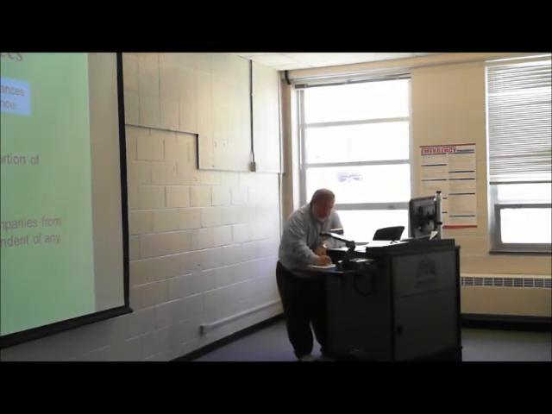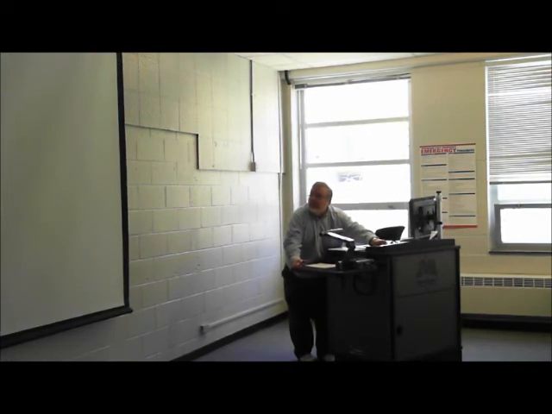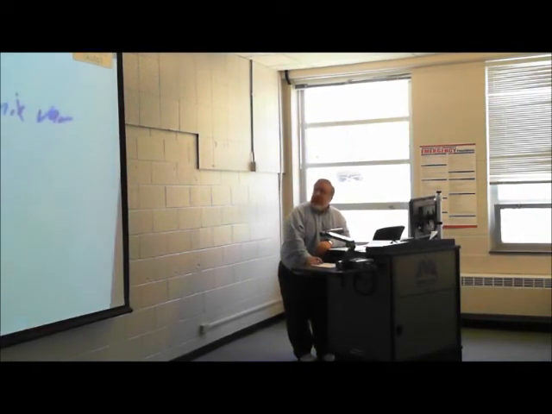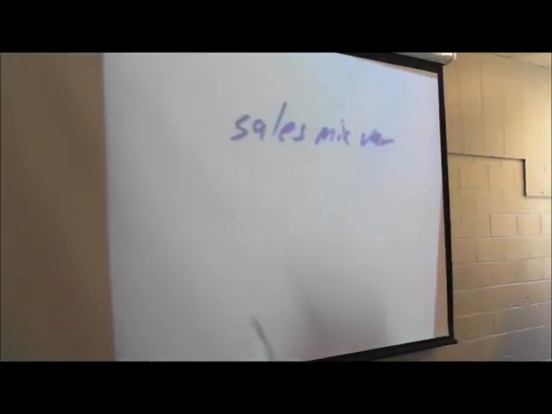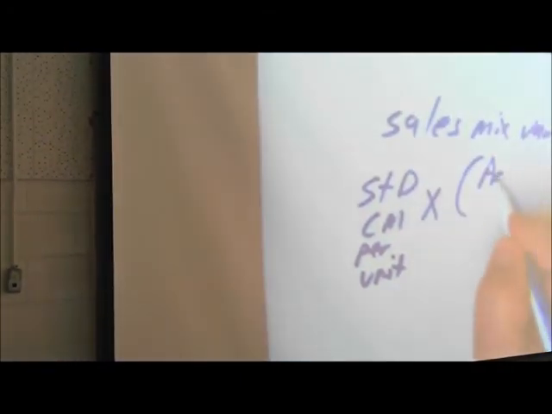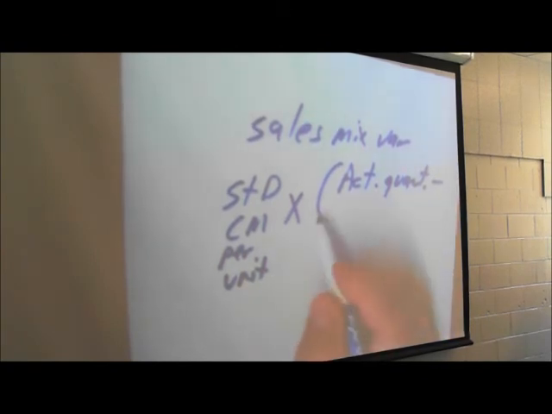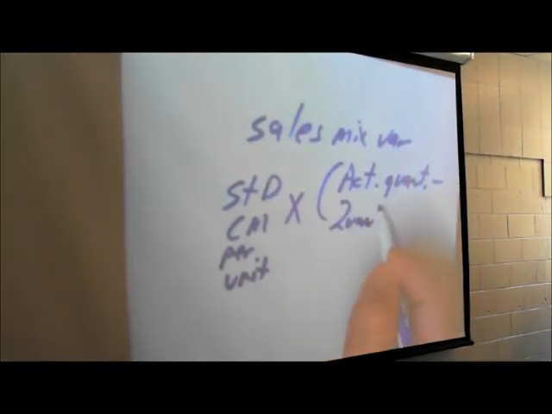Simply put, standard contribution margin per unit times the actual quantity sold minus the quantity that would be sold in standard mix.